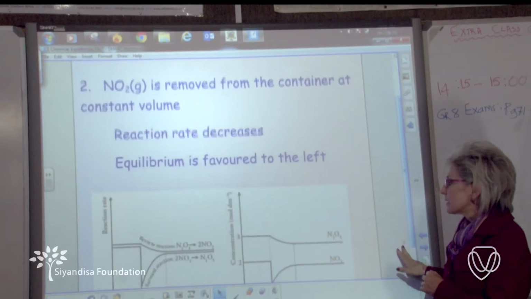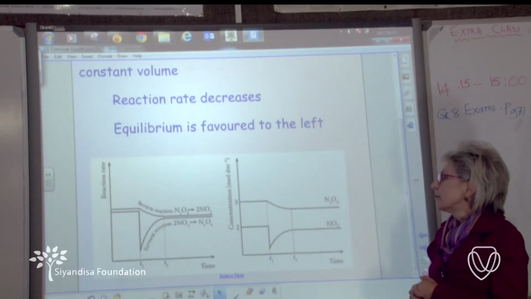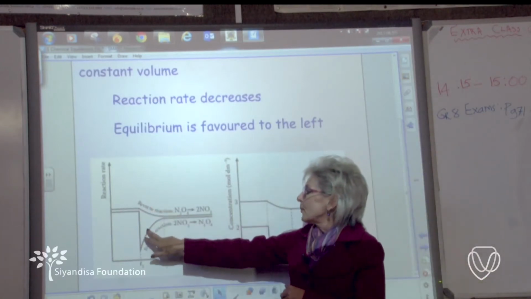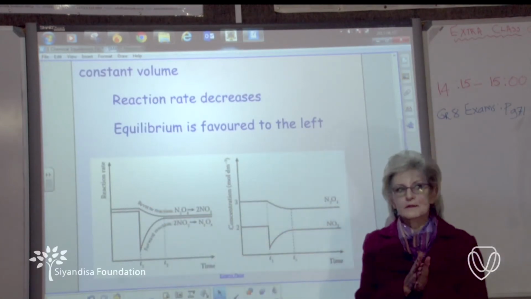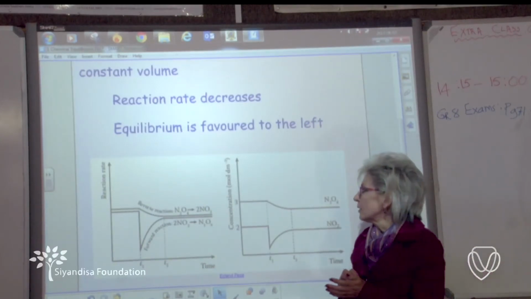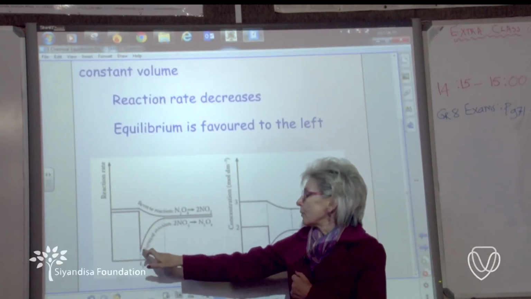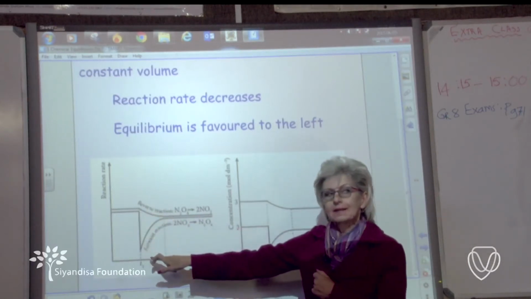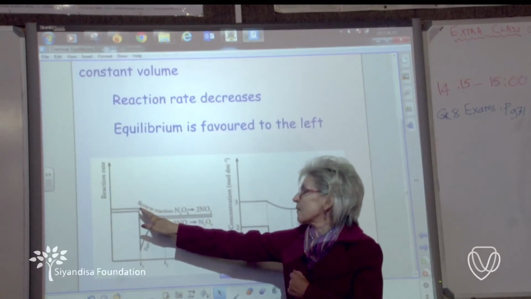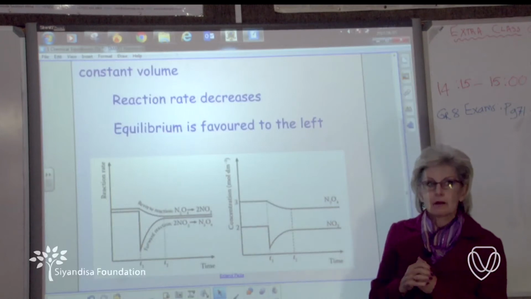Now our graphs must show that. So if we look at the reaction rate, both rates will drop because there are fewer particles. The NO2 has been removed. Therefore, your forward rate drops more because there are fewer reactants. Your reverse rate also drops, but not as much, and then again, equilibrium is established.